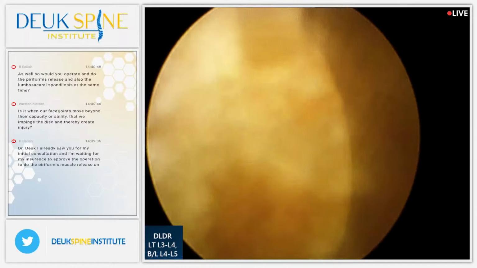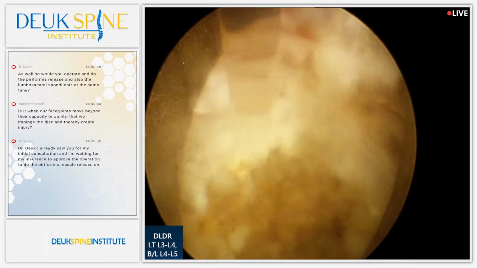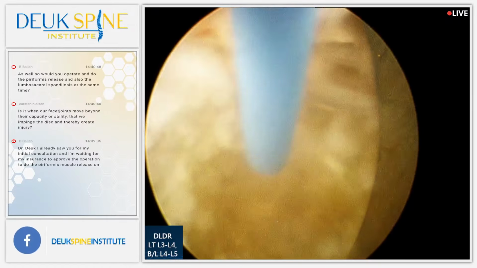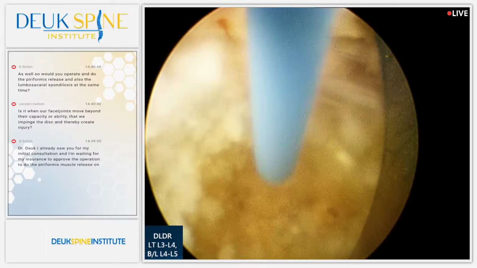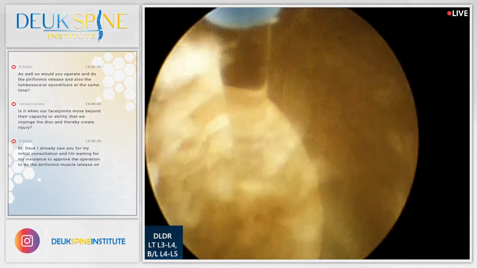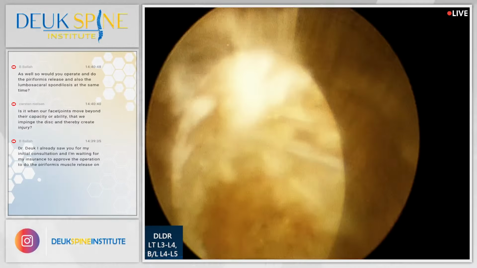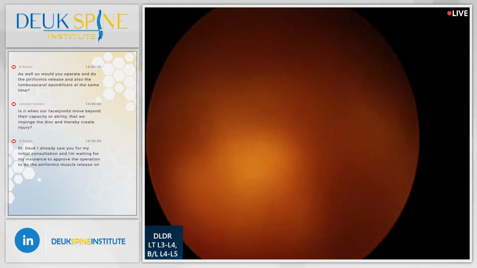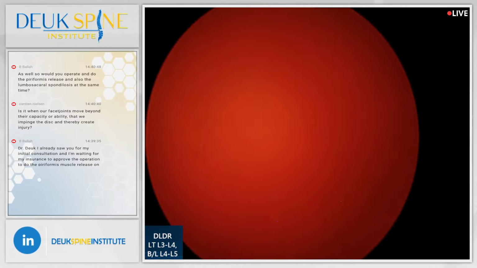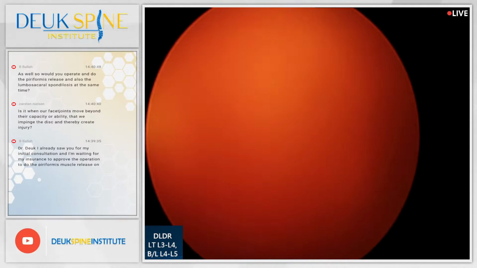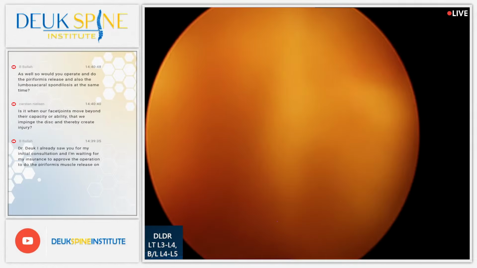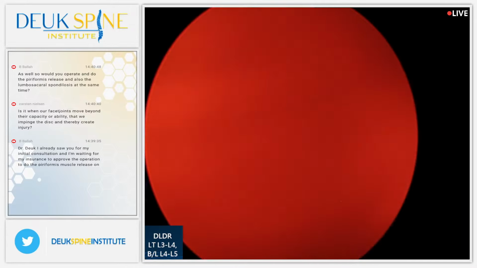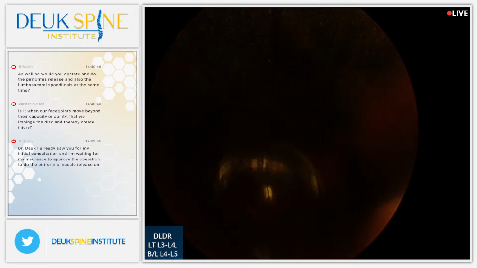Yes. We got a question from Karsten. The full question is, is it when our facet joints move beyond their capacity or ability that we impinge the disc and thereby create injury? Great question, Carson. So the way injuries occur to facet joints is facet joints have a capsule, which is a very strong connective tissue membrane that is around the actual joint, surrounds it, and holds the joint together, okay?